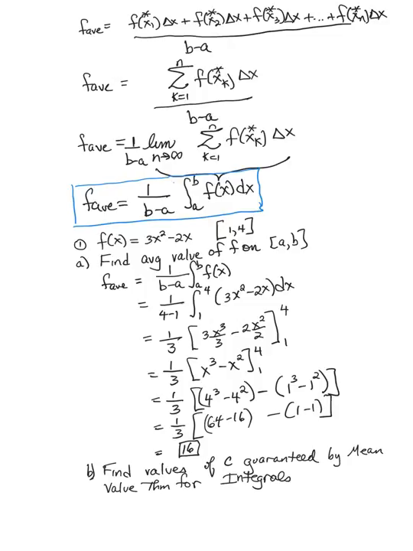So what we have to do now is take our average value, 16, which is our y value, f of c, and make it equal to f of x, which happens to be 3x squared minus 2x. So here we're using the y value to find the x value.